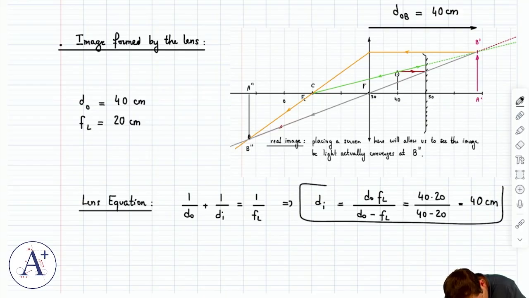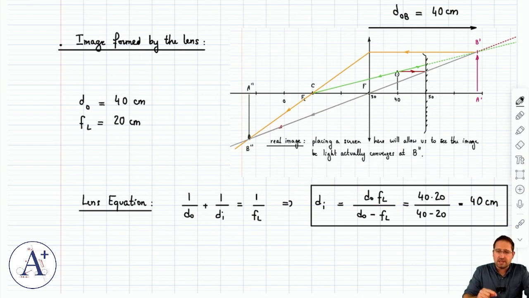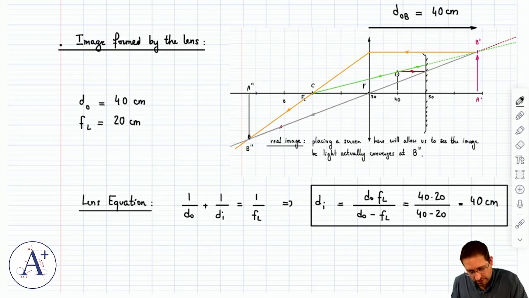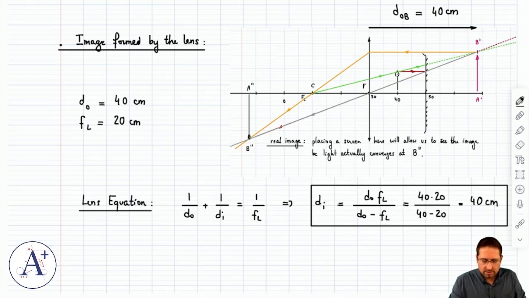And this is 40 centimeters. It is a positive image distance. What does that tell me? Well, a positive image distance always tells me that I have a real image. So I know that A double prime, B double prime is a real image. That's what I found with ray tracing. But it also tells me, because I have a lens, that the image forms 40 centimeters behind the lens. And careful, this is the front of the lens because that's where the light comes from. This is the back of the lens.